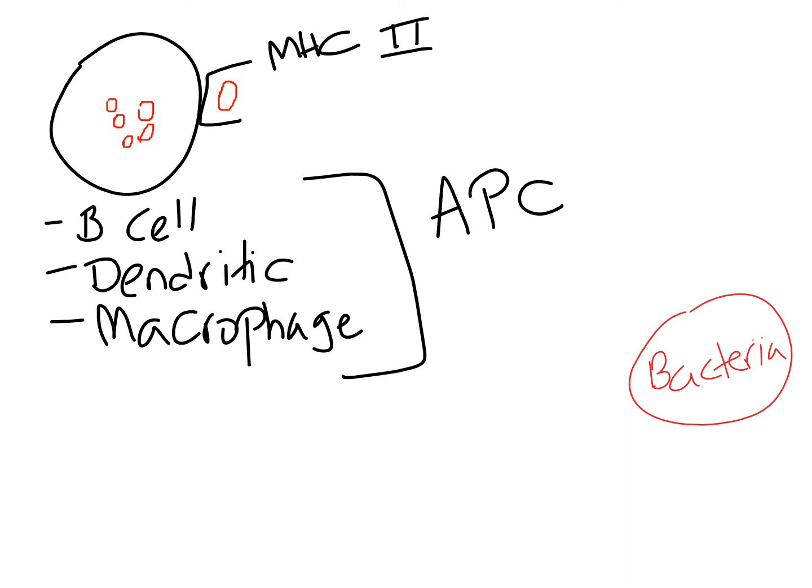Now, which T cell is that MHC2 going to be presenting that piece of antigen to? A type of T cell known as your helper T cells, or we refer to them as your CD4 T cell. So let's go ahead and discuss that in more detail.